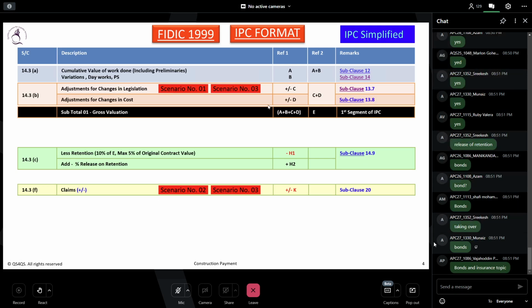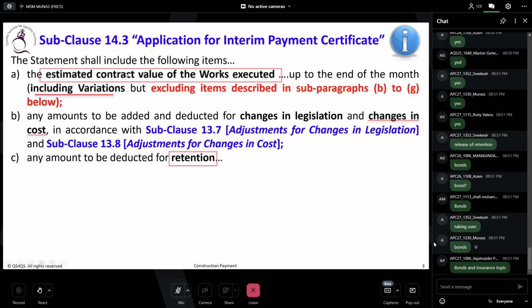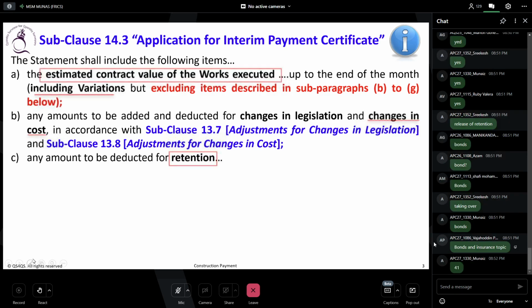So if you go and see the subclause 14.3, you know this page number. Go to the subclause in the physical copy, page 42. Let's read it.